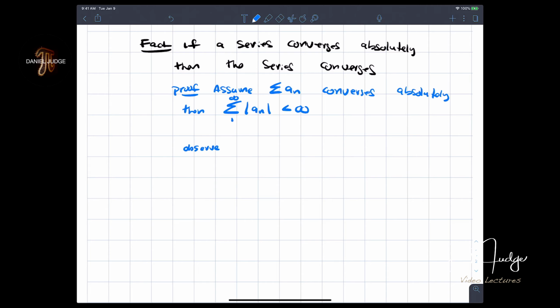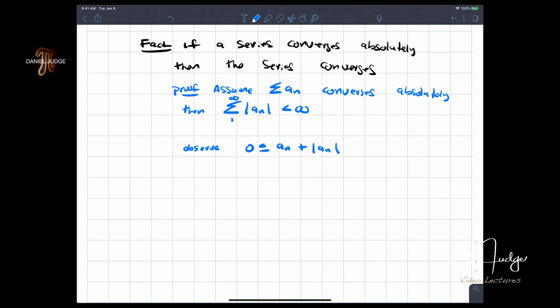We want to observe this relationship: 0 is less than or equal to a_n plus the absolute value of a_n.